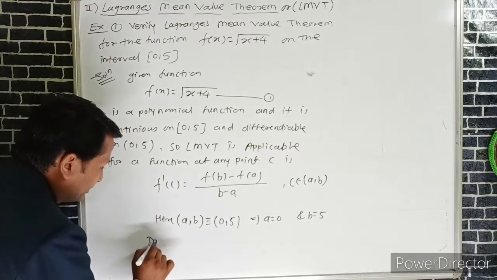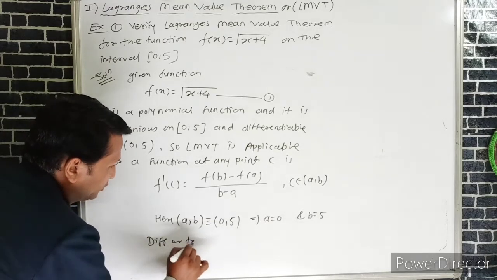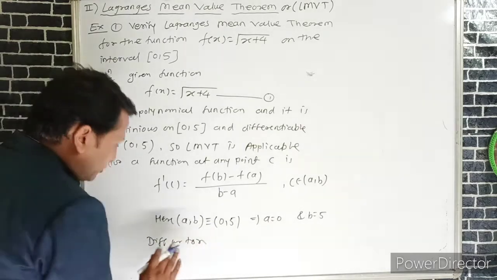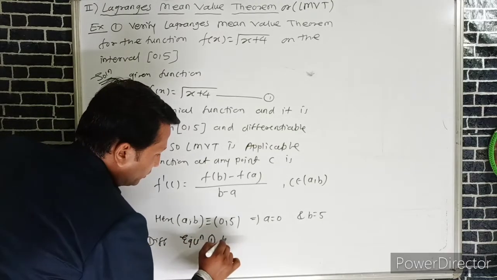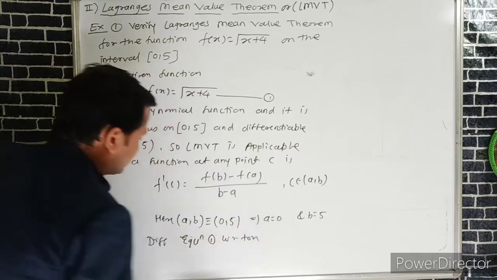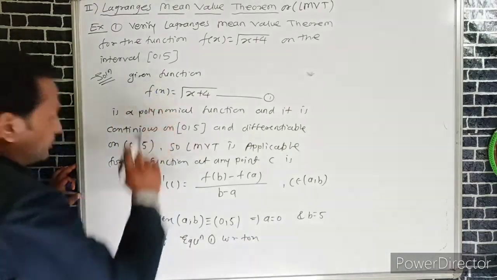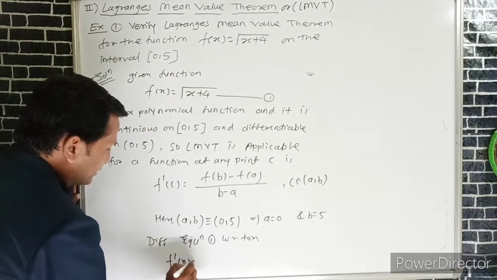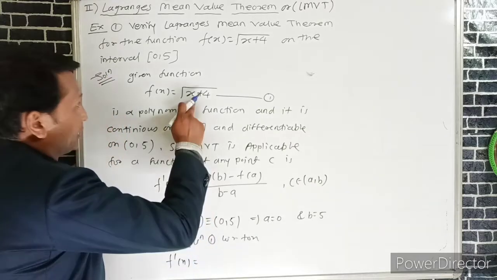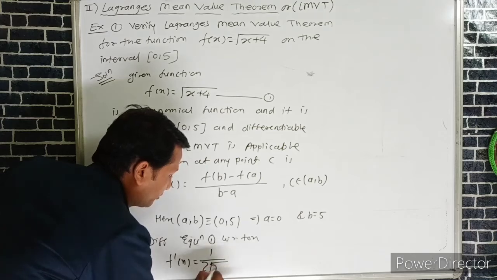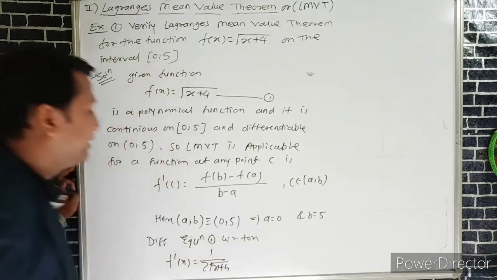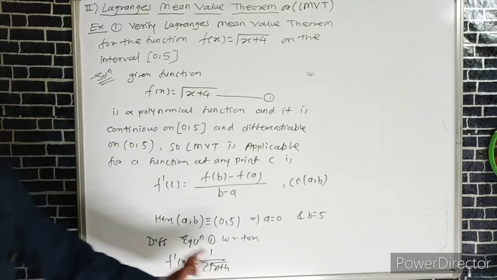If we differentiate equation 1 with respect to x, then we get f dash of x is equal to the derivative of under root of x plus 4, which is 1 upon 2 under root of x plus 4, and the derivative of x plus 4 is 1.